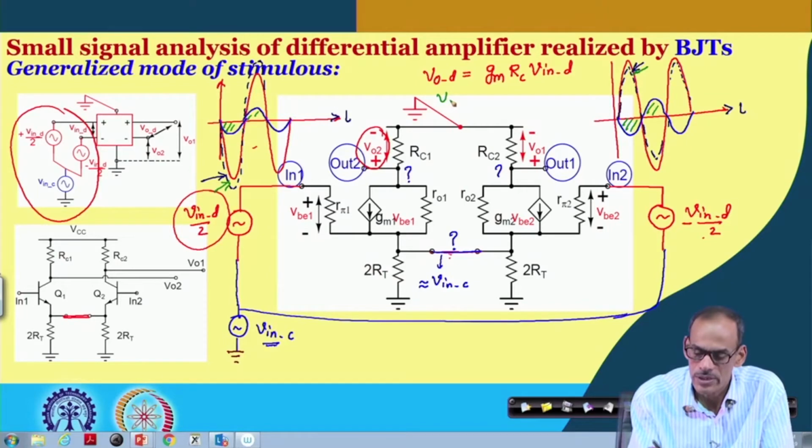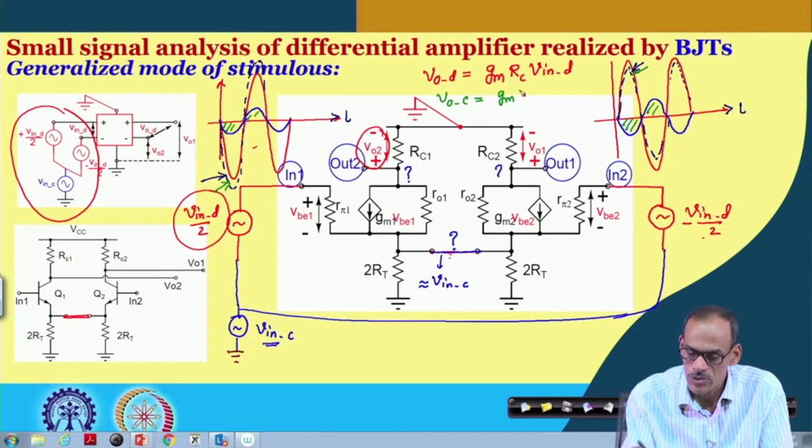So, we can say that VOC, the average of the two signals, equals GM into RC into V in C.